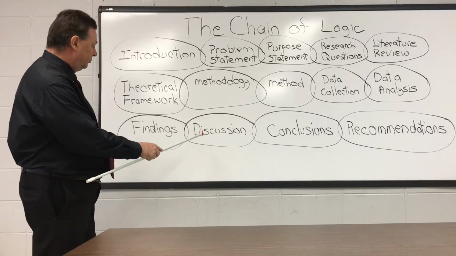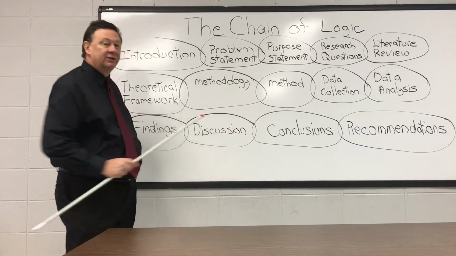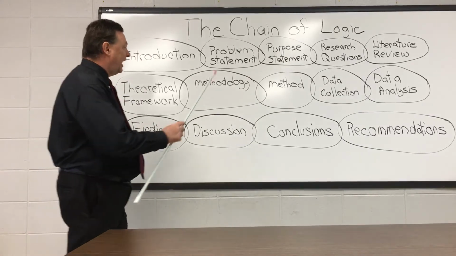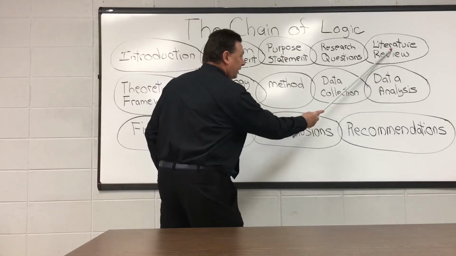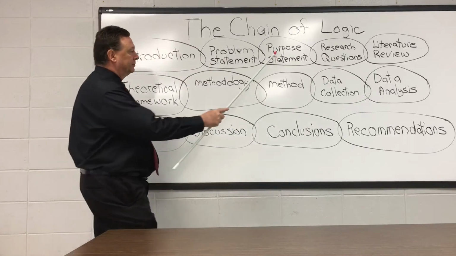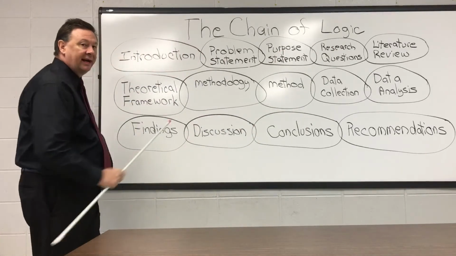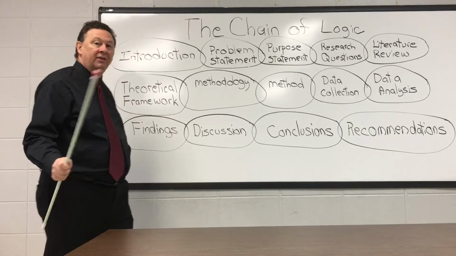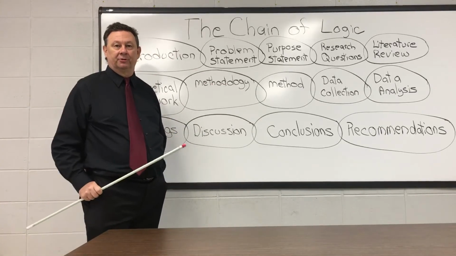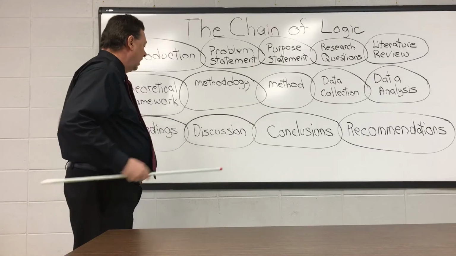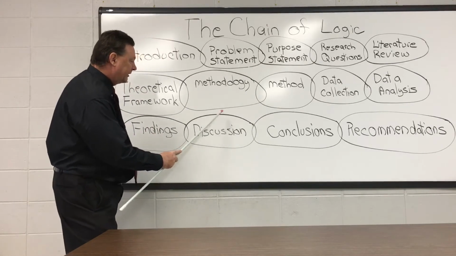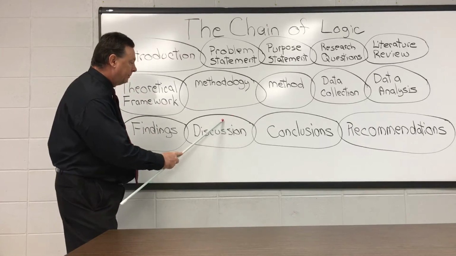And then we move to the discussion. The discussion is where you take your literature and how your literature answers the research questions, and you compare and contrast that with how your participants answered the research questions. The only thing that should go in here is the literature and the comparison.